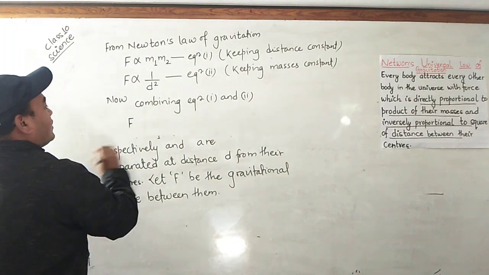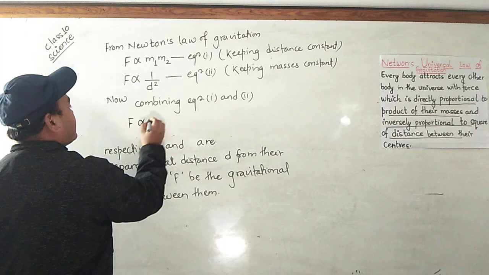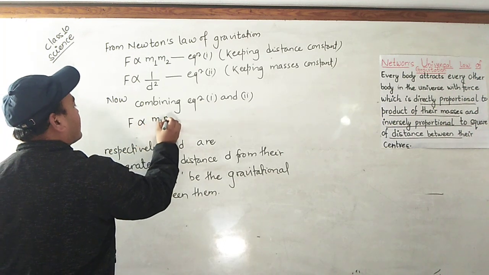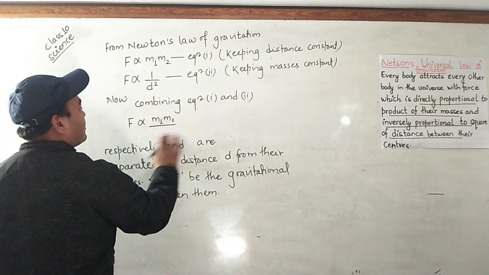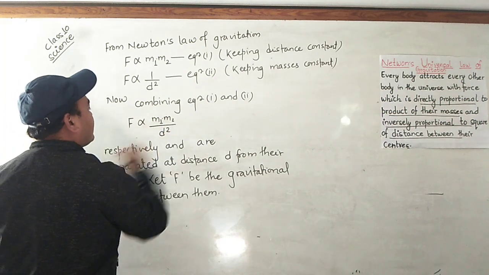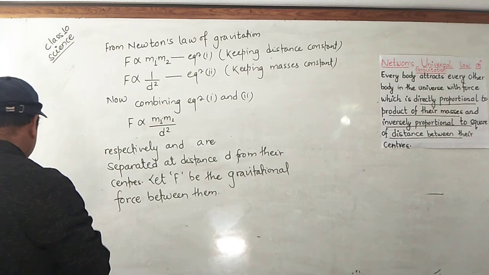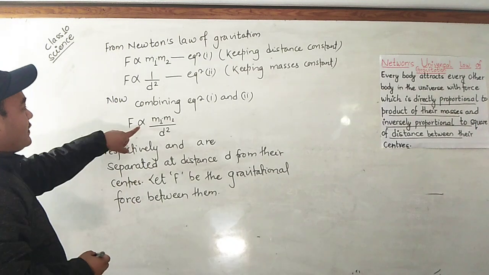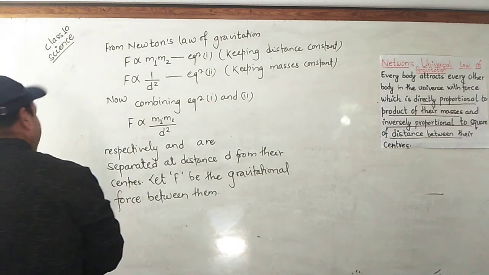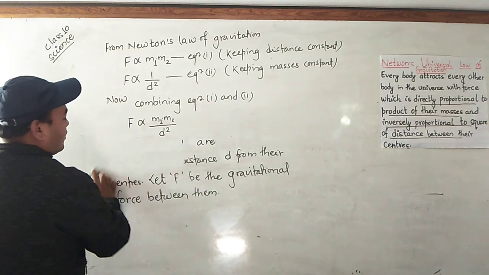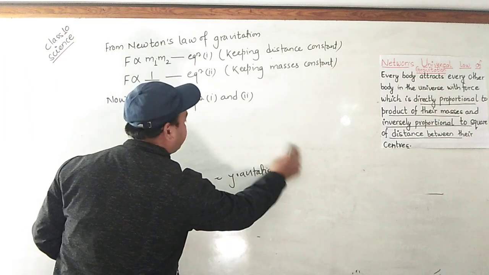we get F is directly proportional to the product of masses and inversely proportional to the square of distance between their centers. But we have to omit this proportionality sign, and to bring it into an equation we have to take a constant.